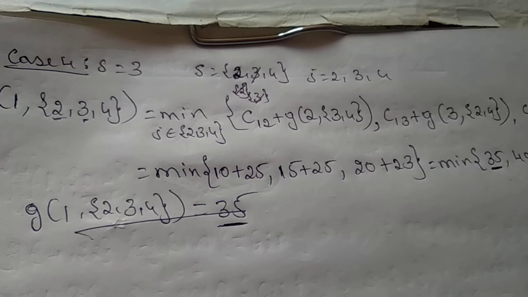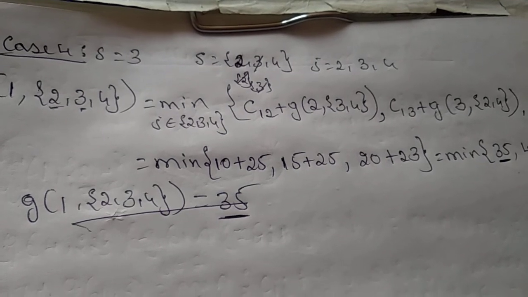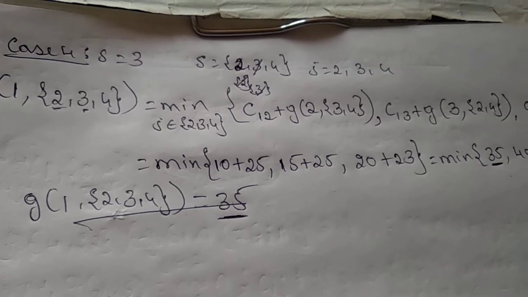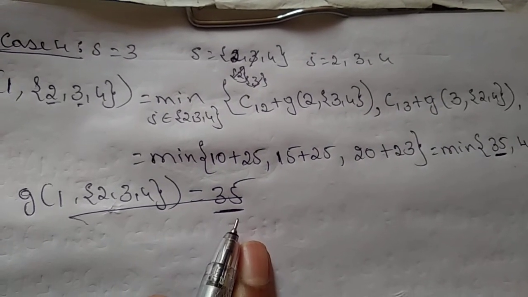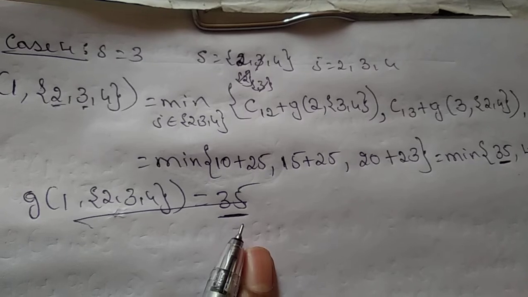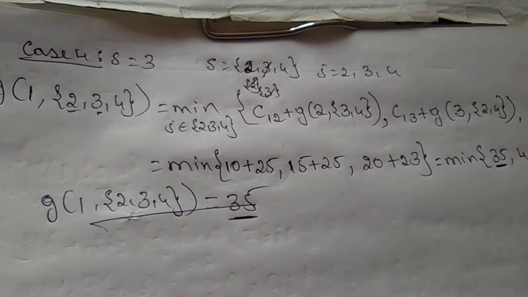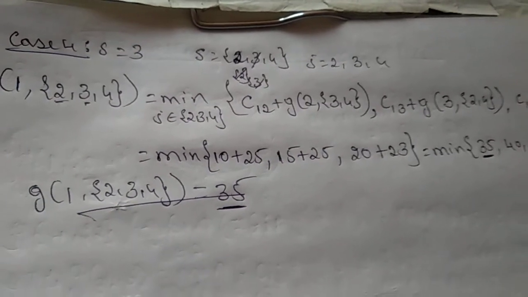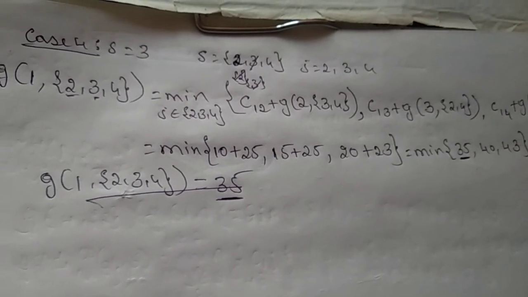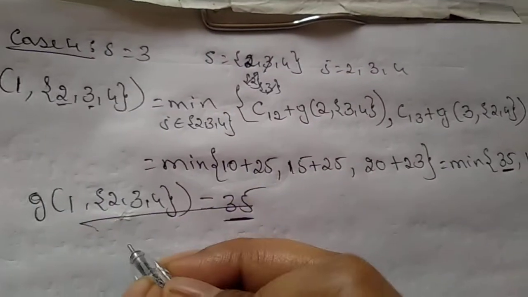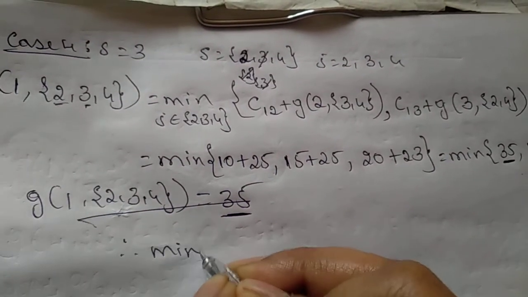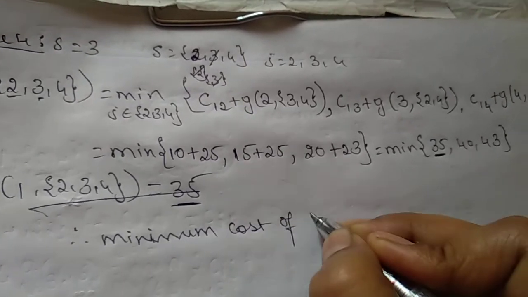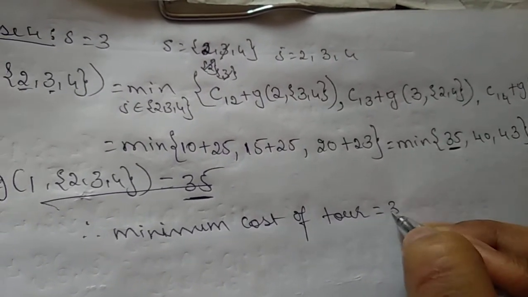Now we have to find out from which node to which node it has to go in order to get this 35. You don't know from where it is going, is it not? We have calculated in general from 1, it can either go to 2 or to 3 or to 4. Then I am getting minimum as 35. This is the minimum cost. Therefore, minimum cost of tour is equal to 35.